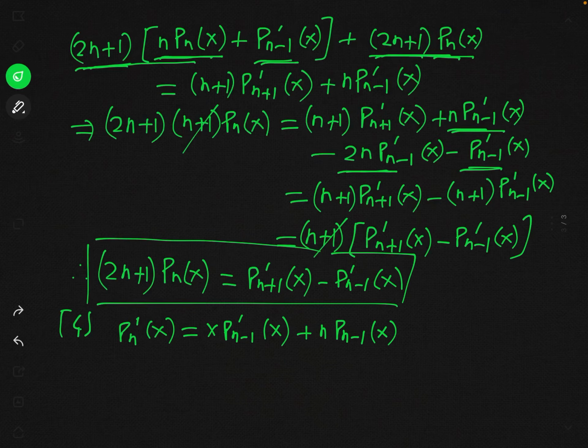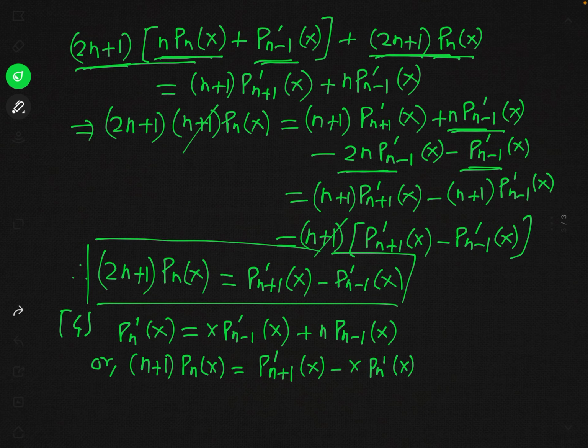You can see, we can also say that the fourth recurrence formula is n plus 1 into Pn of x, and this is equal to Pn plus 1 prime of x minus x Pn prime of x. So this is actually the fourth recurrence formula, and now we will again see its proof.